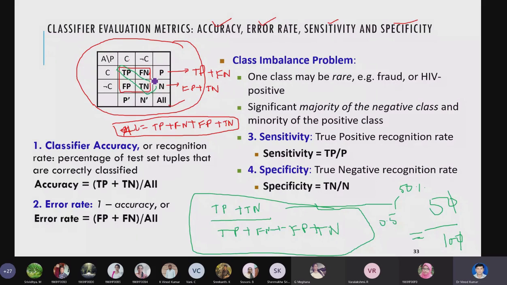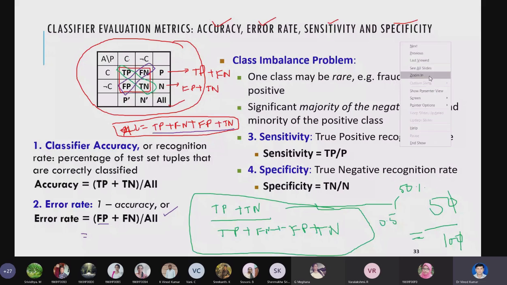But if we concentrate on the other diagonal, FN and FP, these are the wrong classifications done by the classifier. So for that we can calculate the error rate. Error rate means FP plus FN, the count of FP and FN, divided by all, so you put this value and you will get the error rate. These are very important discussions over the evaluation methods, so keep them in mind.